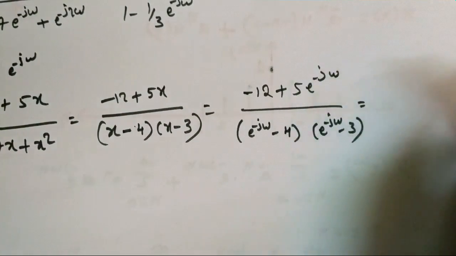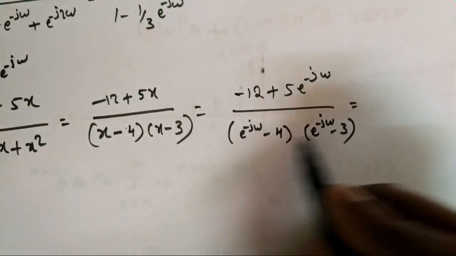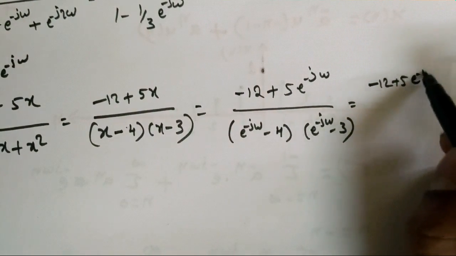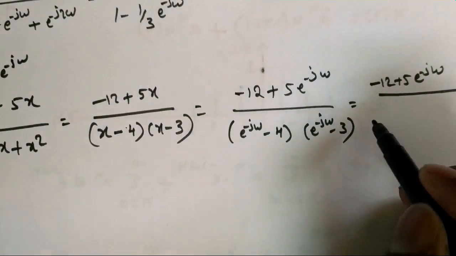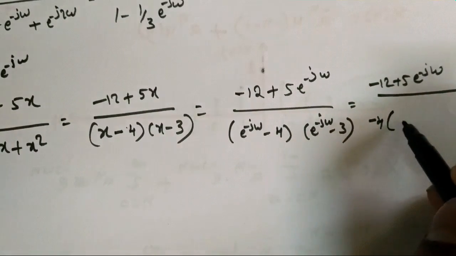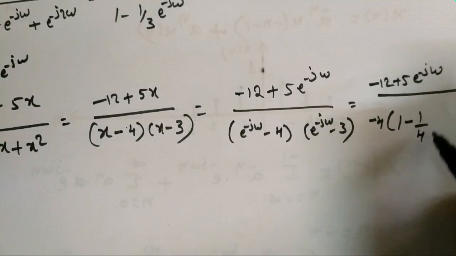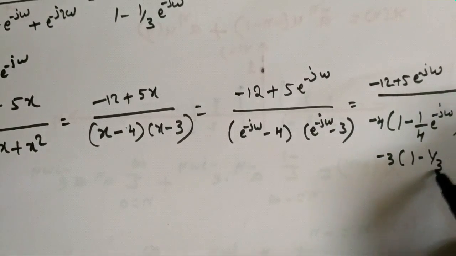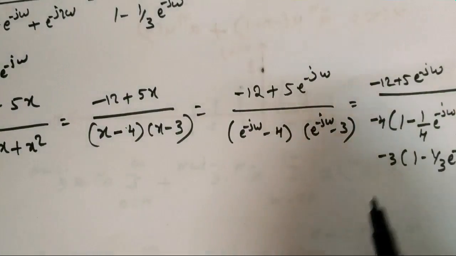Right? Here also minus 3 common. So what will it become? Minus 12 plus 5e^(-jω) by, minus 4 common means 1 minus 1/4 e^(-jω), into minus 3 common, so 1 minus 1/3 e^(-jω).